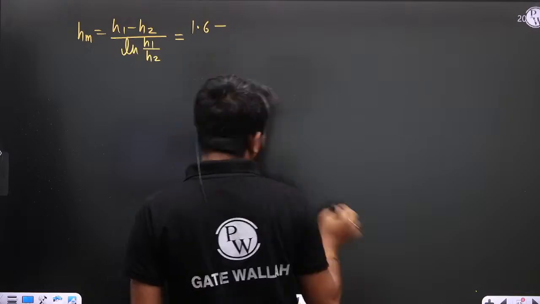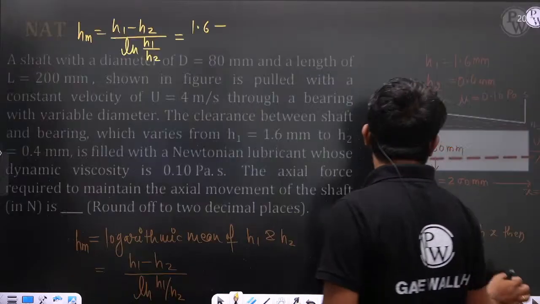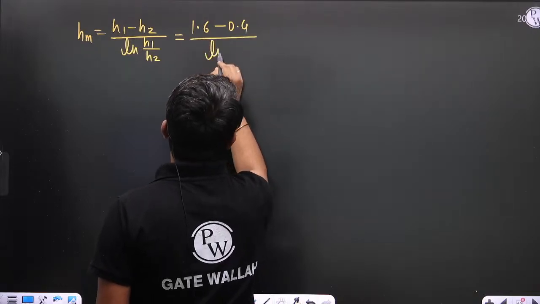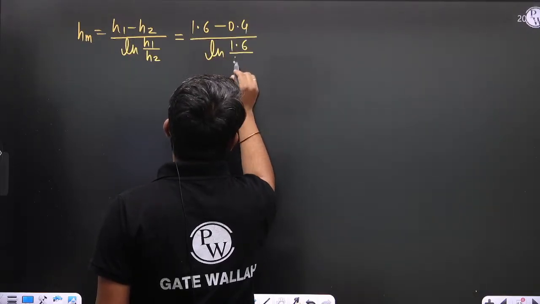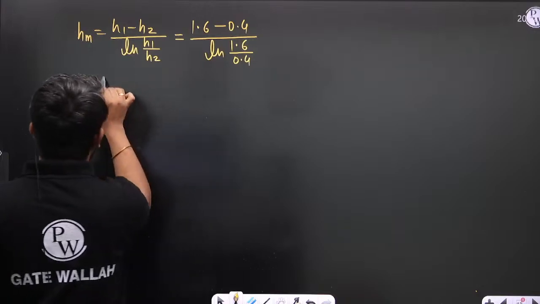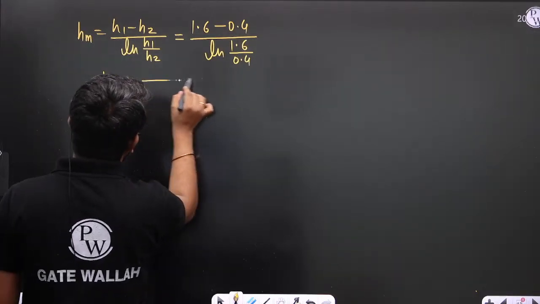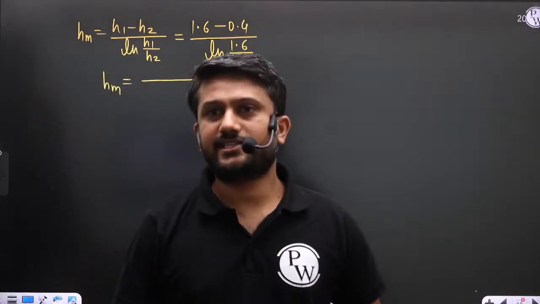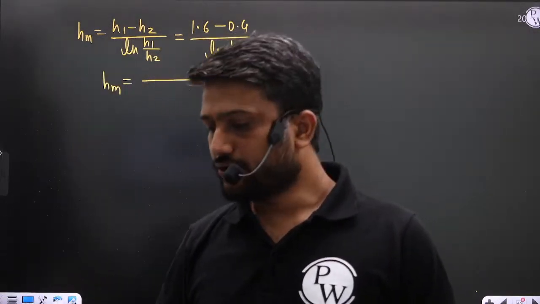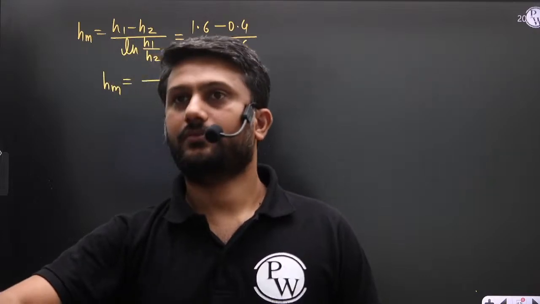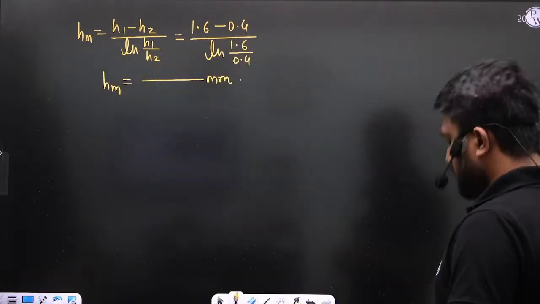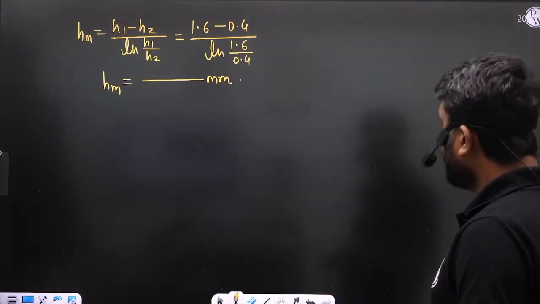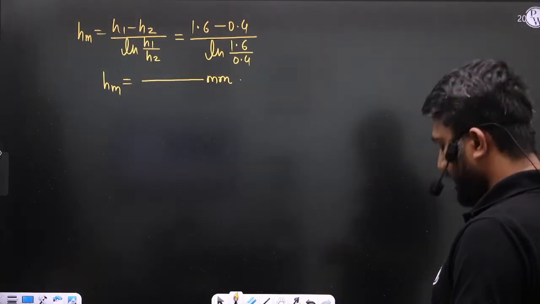So 1.6 minus 0.4 divided by natural log 1.6 divided by 0.4. This HM is in millimeter. So tell me, what is the HM?